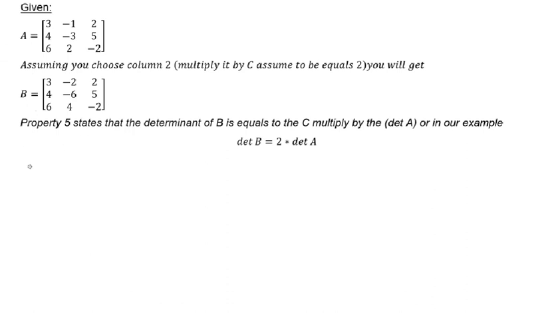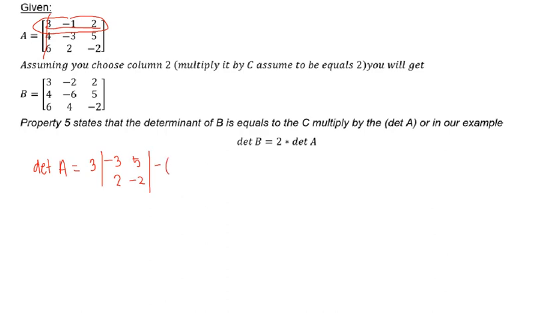So, let's solve first for the determinant of A. So, for the determinant of A, let's say we use this first row as our coefficient. So, meron tayong 3 times. We remove row 1, column 1, we have negative 3, 2, 5, negative 2.